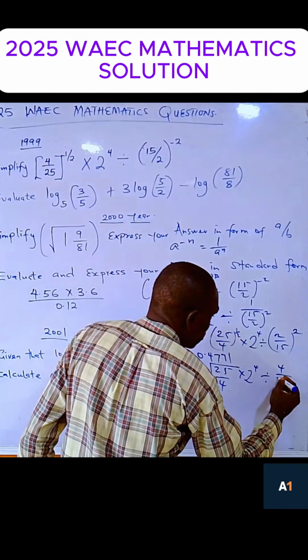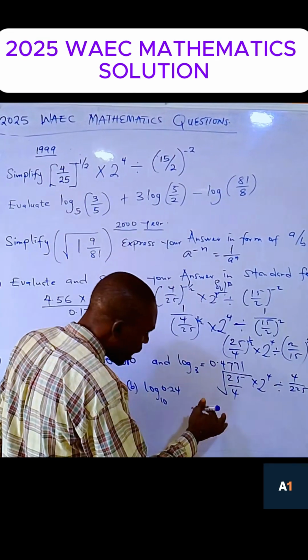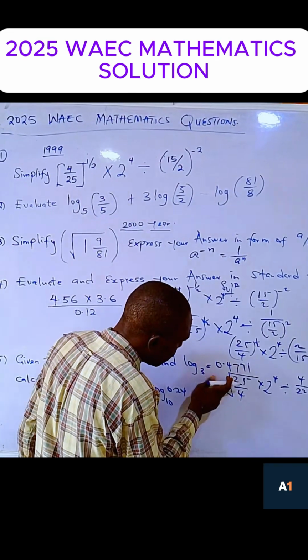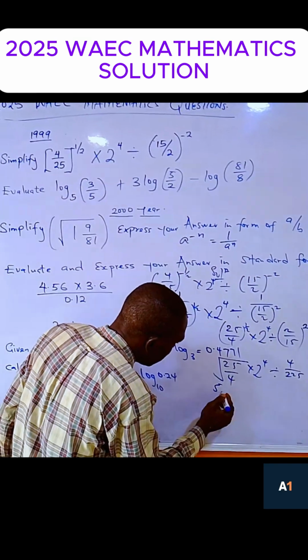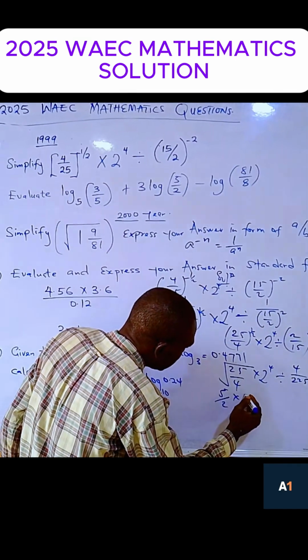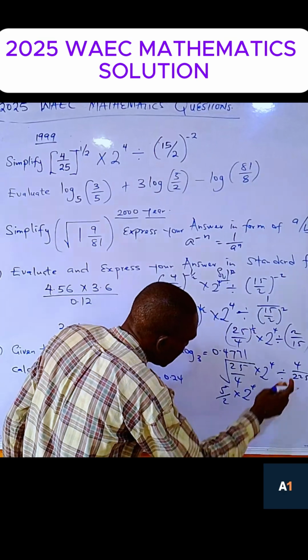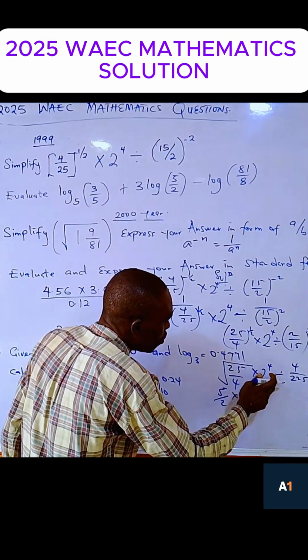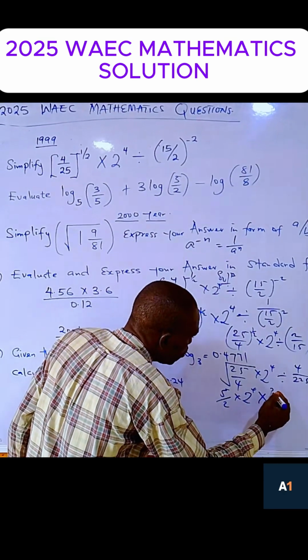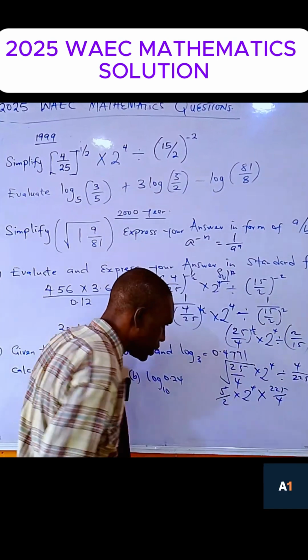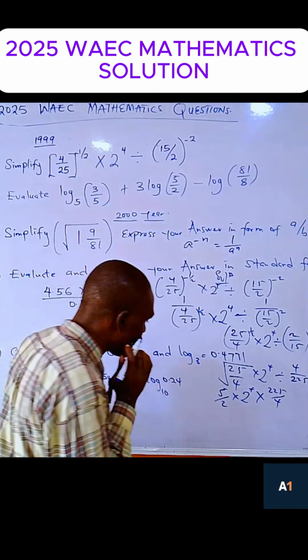So this one will be 225. Now from here, what is the square root of 25? It's 5. What is the square root of 4? 2. Then times 2 raised to power 4. Then this one will turn to multiplication by 225/4.